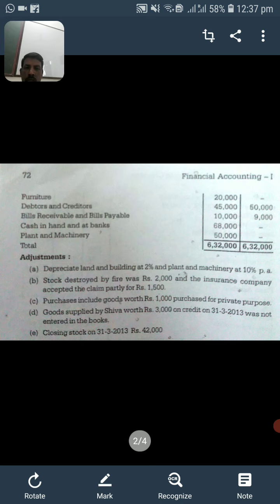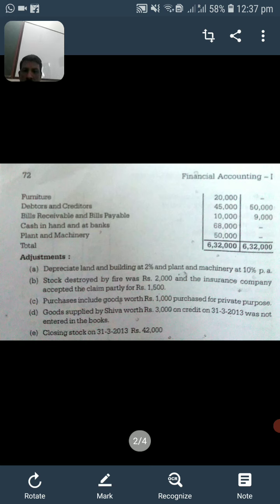So total both debit side and credit side are rupees 6,32,000. Usually, as far as trial balance is concerned, under debit side we should take the assets and expenses. In the same way, under credit side we should take all liabilities and incomes.